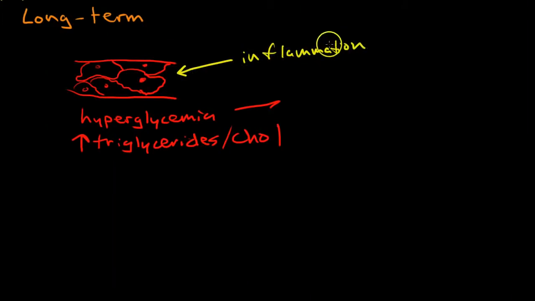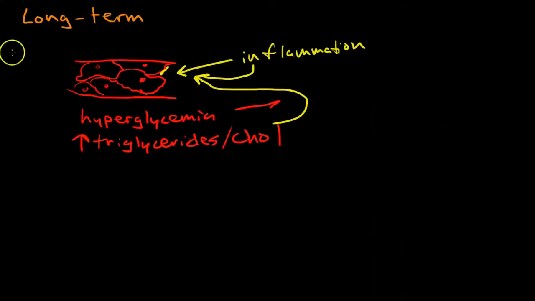And this inflammation, and we're going to get into the nitty-gritty details of atherosclerosis a little bit later, starts a cascade that causes atheromas to begin to form, which is a combination of inflammatory cytokines with the introduction of cholesterol into the basement membrane underneath the endothelial cells.